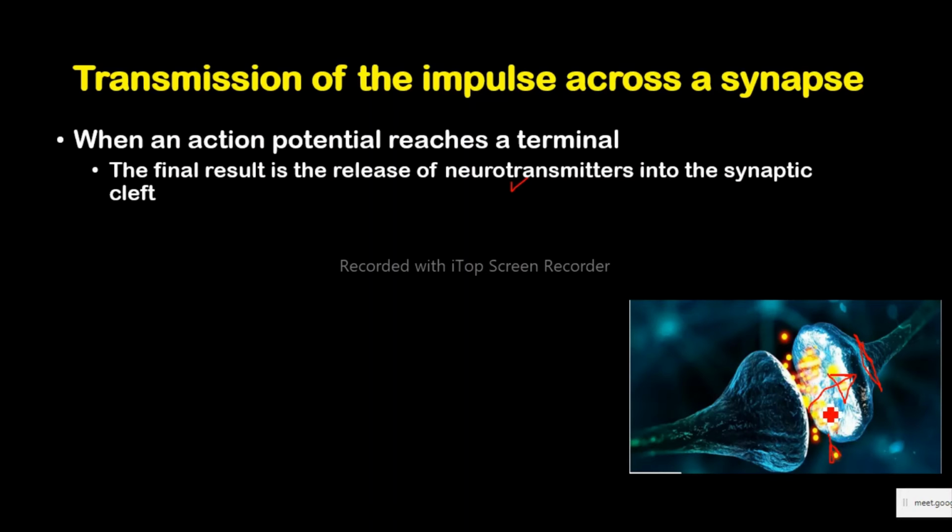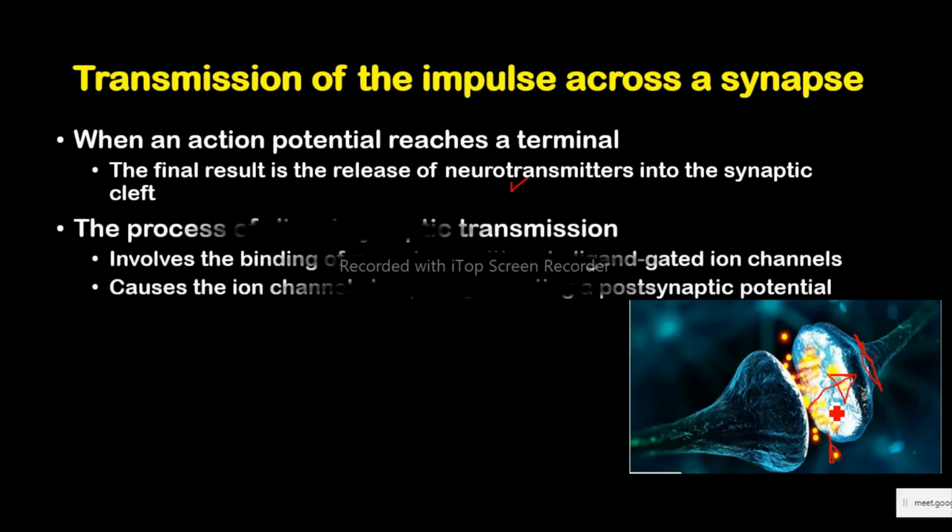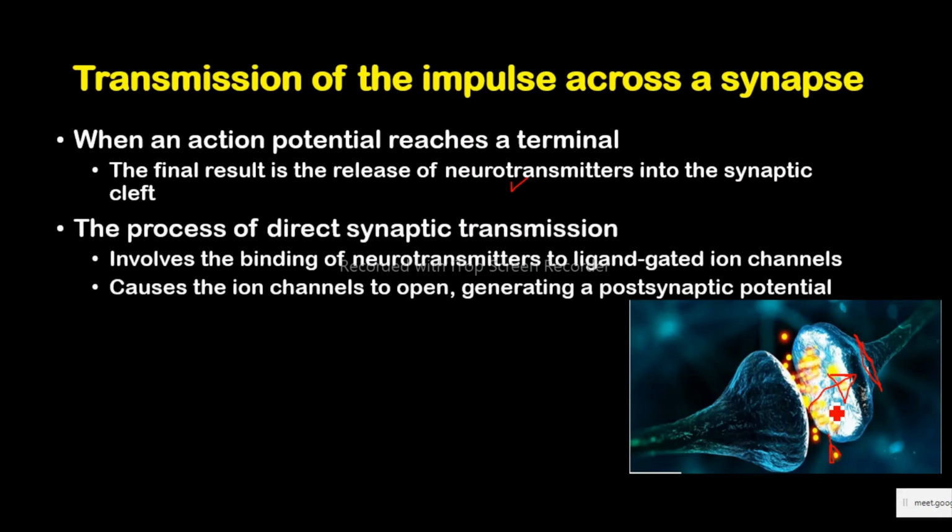Now, when this transmitter substance is released into the synaptic cleft, the result is astonishing. The result is amazing. We are going to see what happens in direct synapses and indirect synapses.